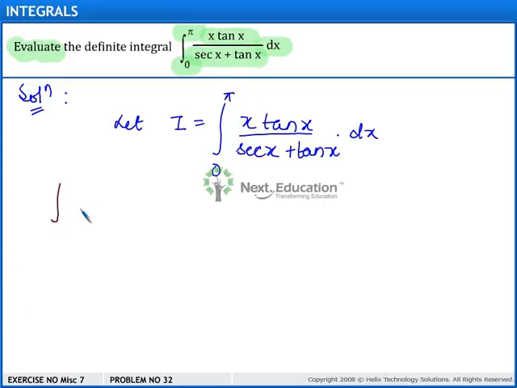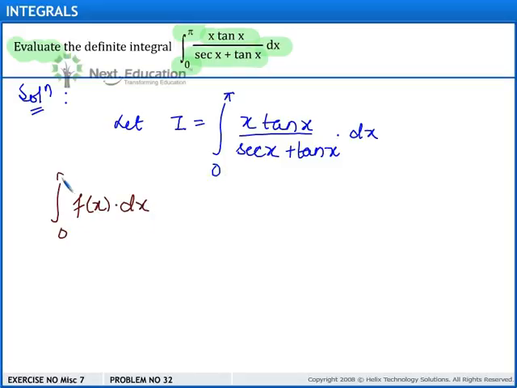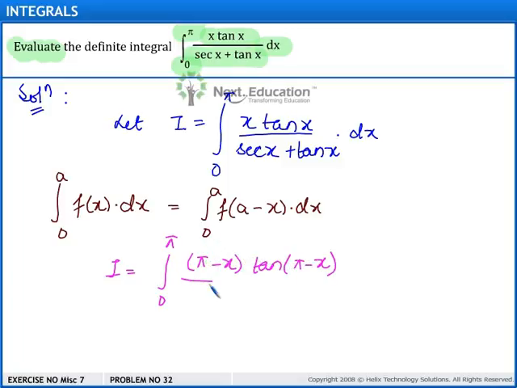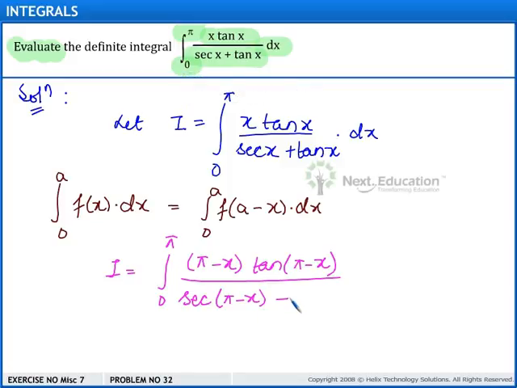Now, by using the property that the integral of f(x) dx from 0 to a can be written as the integral of f(a minus x) dx from 0 to a, the given integral I can be written as the integral from 0 to pi of (pi minus x) tan(pi minus x) divided by sec(pi minus x) plus tan(pi minus x), into dx.